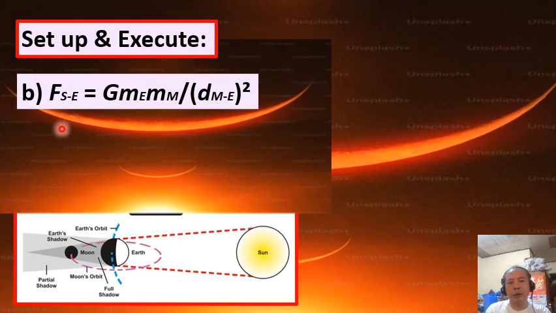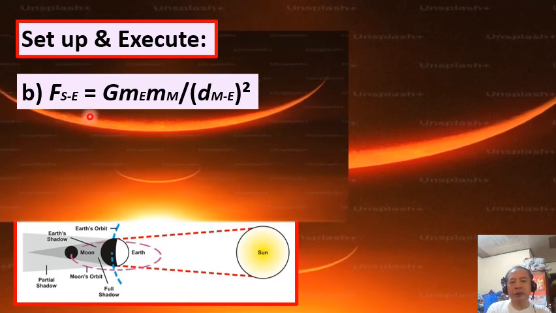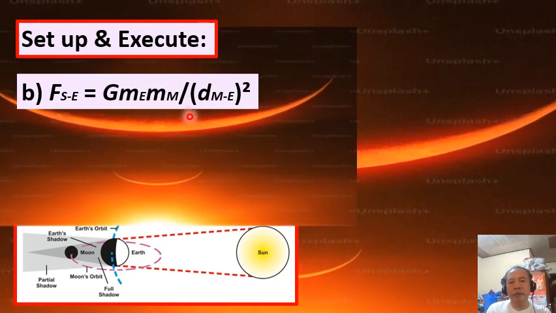For question letter B, finding the attractive force exerted by the sun on the earth, we still use the same formula.